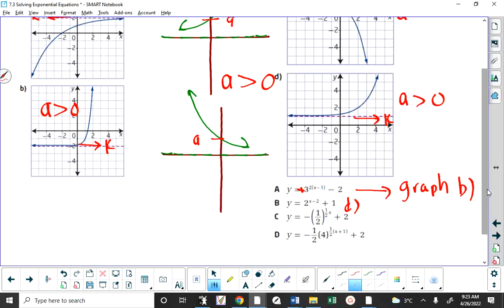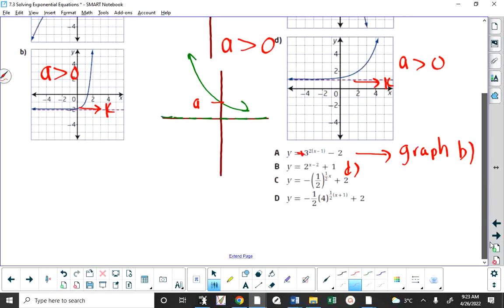The other two we can't really do anything with here. We see there's a negative in front of both, and this is very tricky. So I want to spend just an extra minute on this. With graph C, you have this.